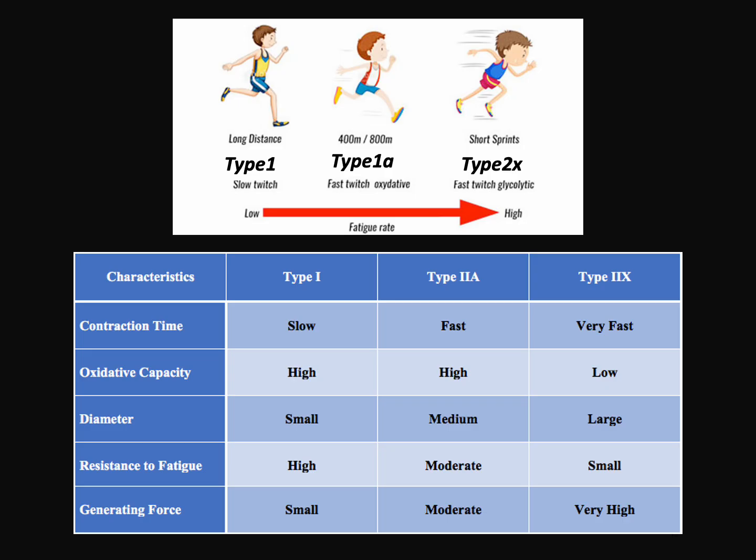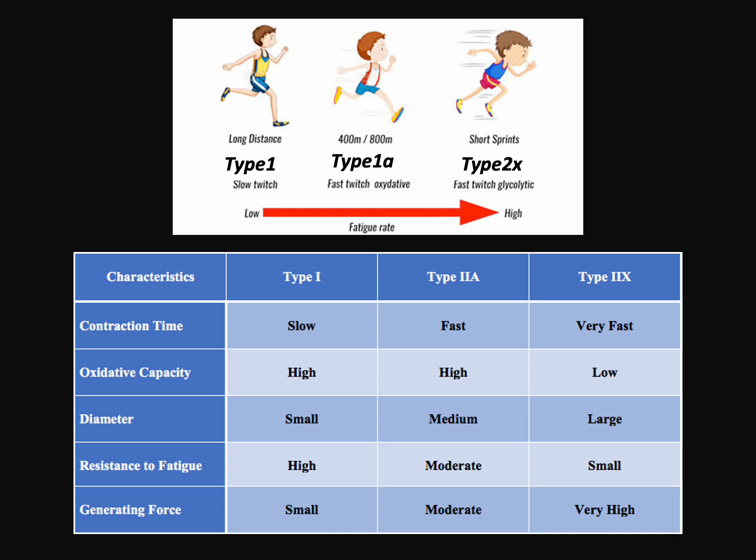As we were just talking about the differences between the type 1 and type 2 fibers being able to produce low and high power outputs based on their activity, well, here's a table illustrating contraction time, oxidative capacity, so how much oxygen is delivered to the skeletal muscle, diameter, how large, the resistance to fatigue, and generated force.